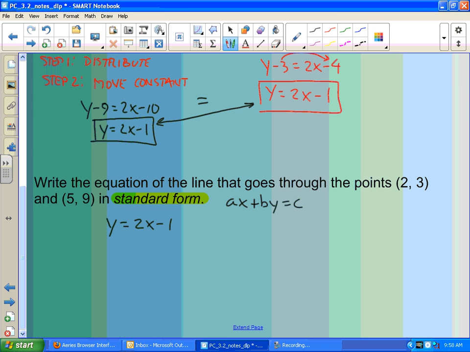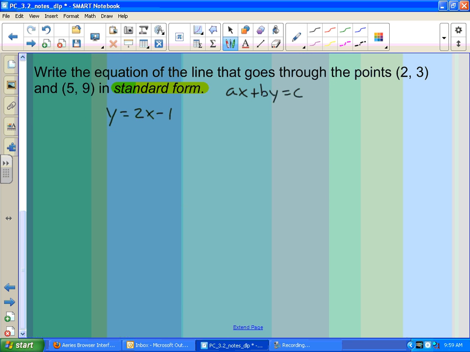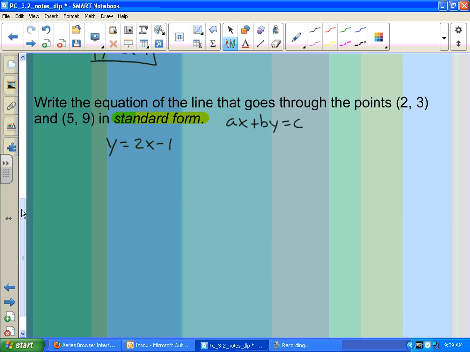The first thing we do is move the x term with the y, so subtract the 2x over here. Negative 2x plus y equals negative 1.